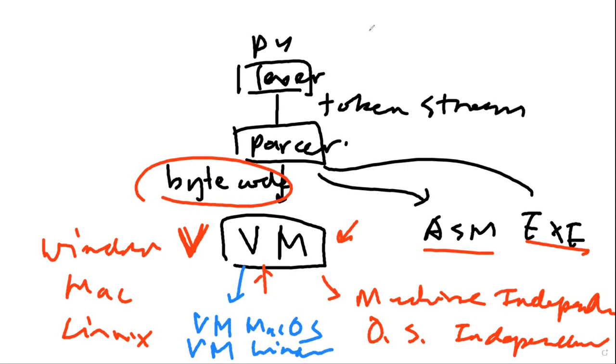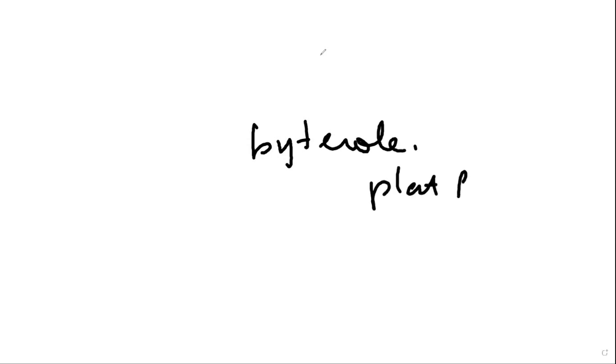Your bytecode compiled on one machine or one OS can always be used on other OSes, so you become platform independent. So before we run on the virtual machine, certain bytecode is actually good.